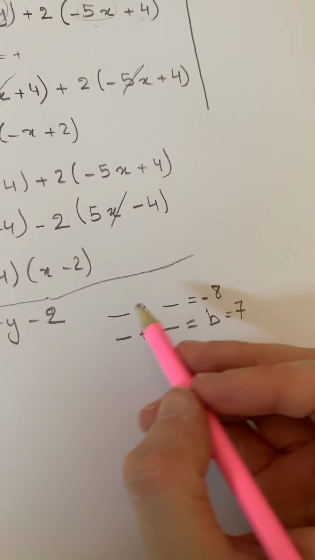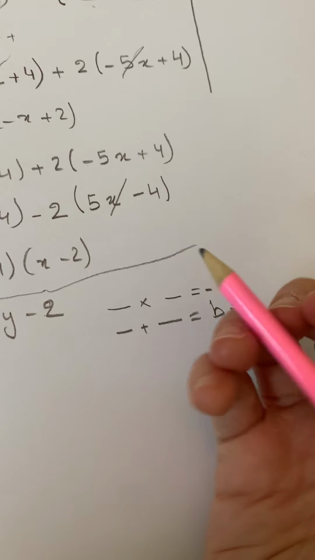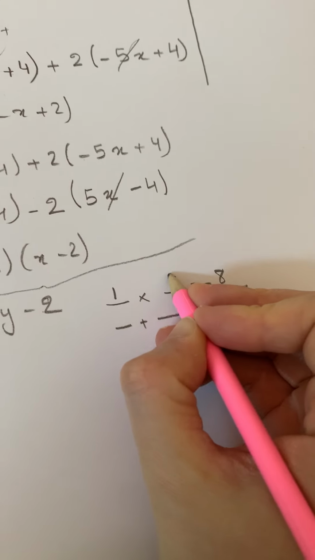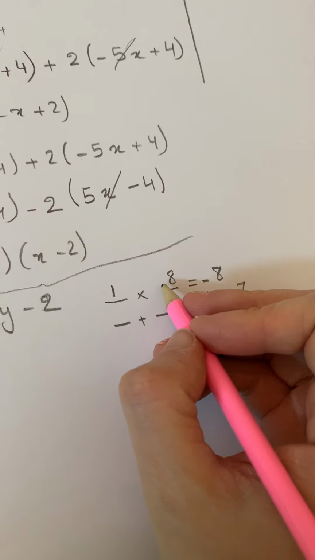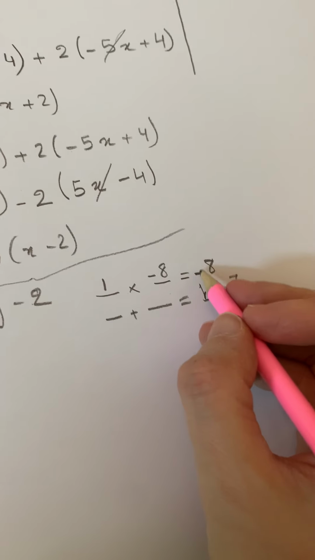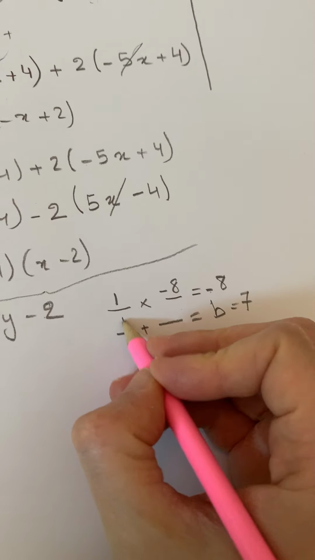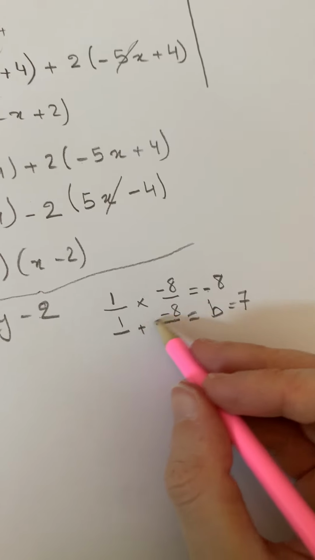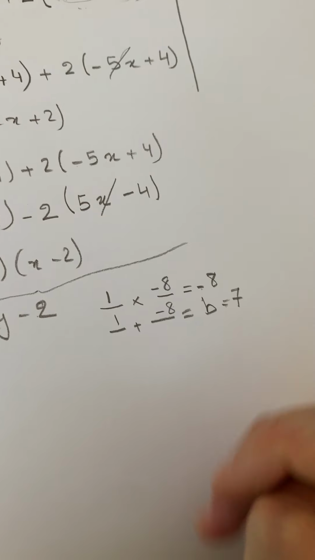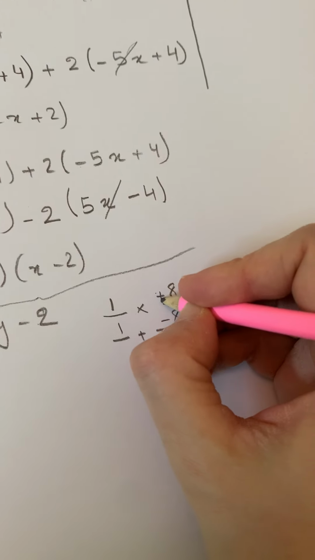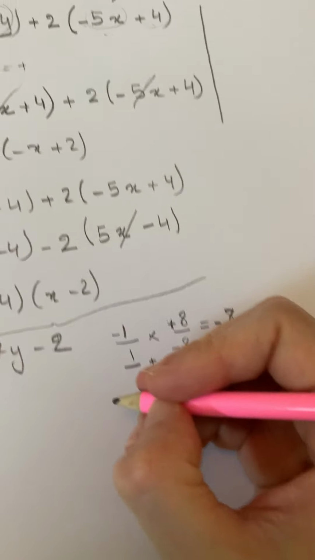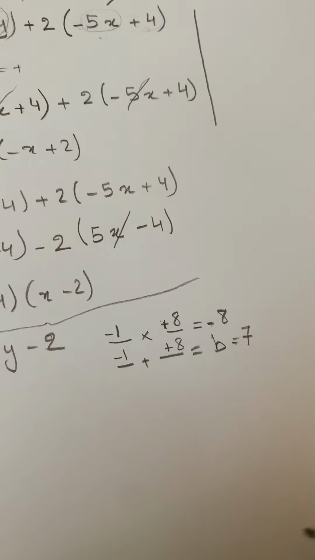So what times what is negative 8? Let's say 1 times 8, and let's make 8 negative, because I need a negative here. And if I add them, it will be negative 7, not 7. So I will flip the signs, this one positive and this one negative.